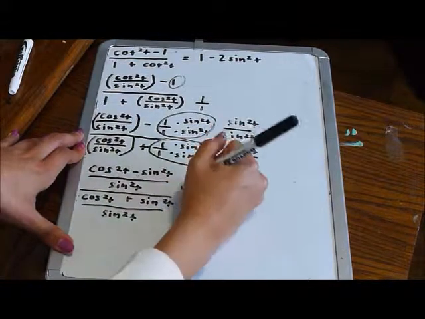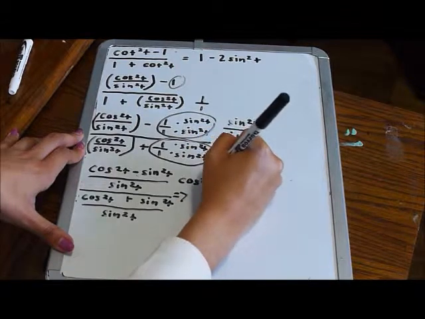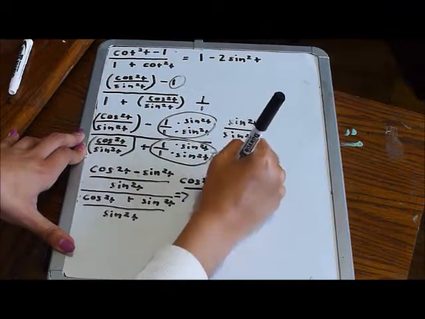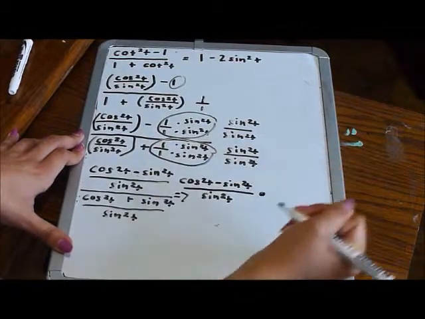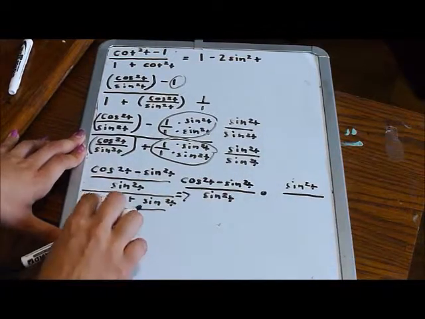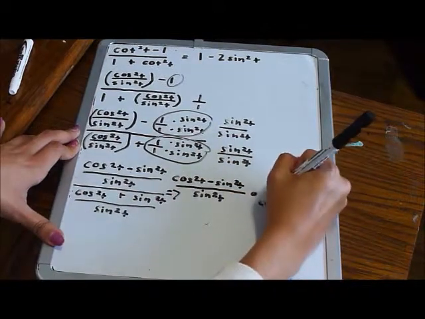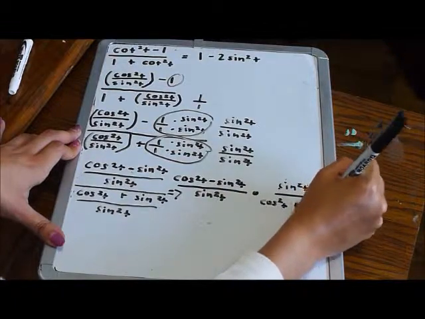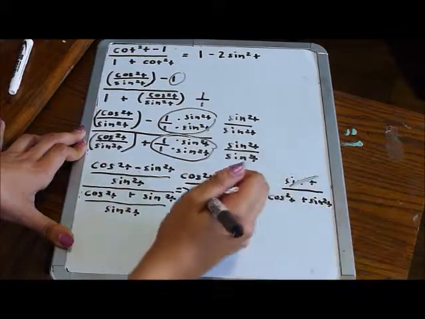So we're going to have cosine squared t minus sine squared t over sine squared t, and here we change it to multiplication, and we put sine squared t on the top and cosine squared t plus sine squared t on the denominator. And we cancel out the sine squared t and the other sine squared t right here.